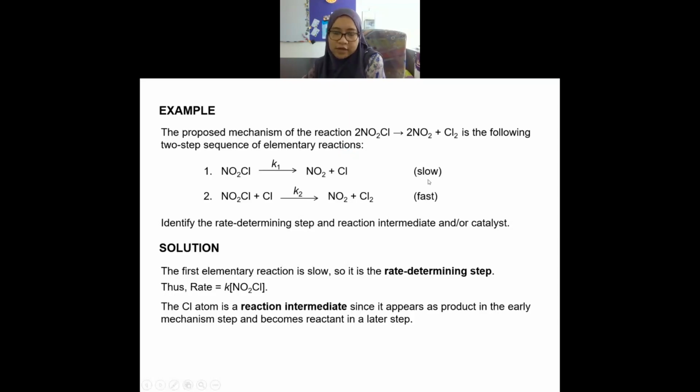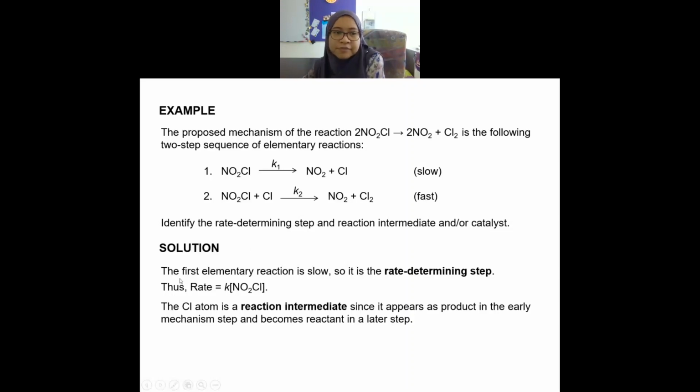As you can see, we have the slowest reaction, which is reaction number one, whereas reaction number two is faster compared to reaction number one. So you have to identify the rate determining step and reaction intermediate and or catalyst if we have a catalyst in the reaction.